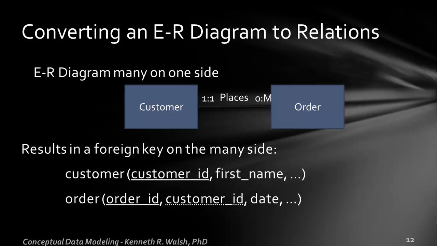So you have the customer relation, customer ID is the primary key, first name, other attributes, and the order relation, order ID is the primary key. So that's when there's a one on one side and a many on the other side. The cardinality shows us that we only need two relations.